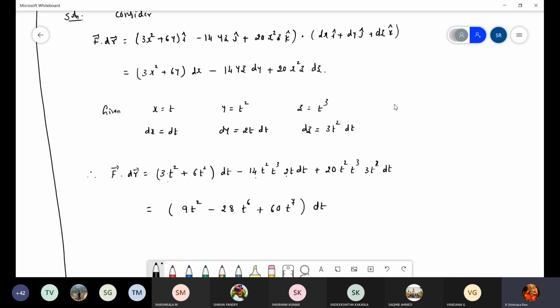We can't simplify further because they are three different terms: t square, then t power 6 and t power 7. Let it be.